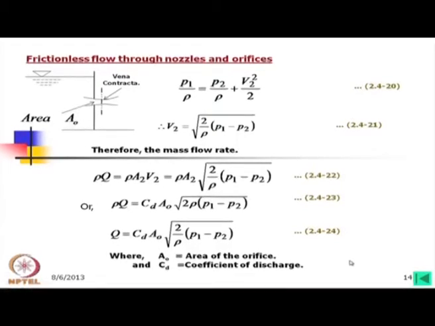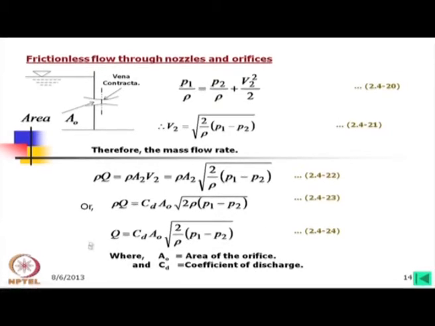Also, care is taken to make the orifice. There are various types of orifice in fluid power components, starting from a circular hole to the variable area, but care is taken so that C d more or less remains constant. The final equation here, 2.4.24, is Q is equal to C d A 0 square root of 2 by rho P 1 minus P 2.